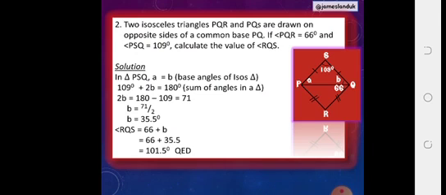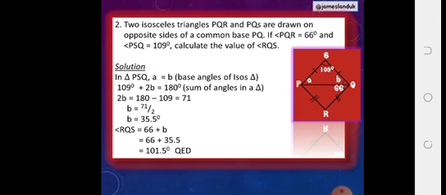If angle PQR is given as 66 and angle PSQ is 109, we have to calculate the value of RQS.